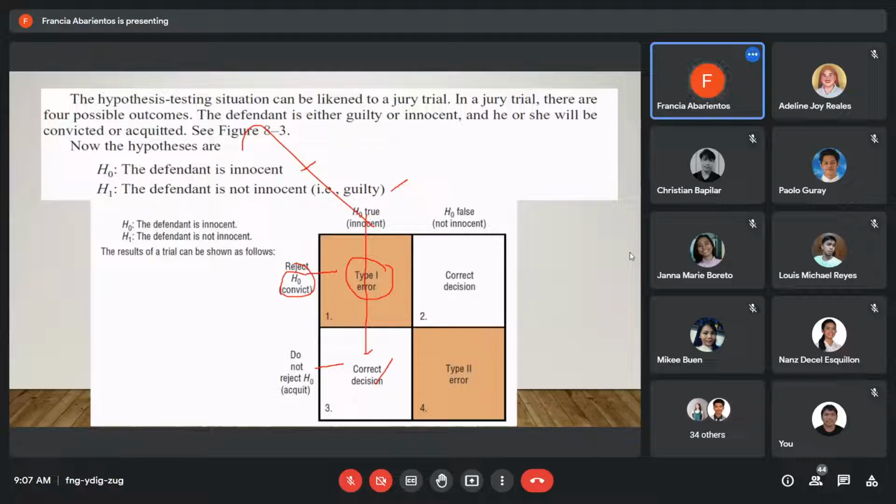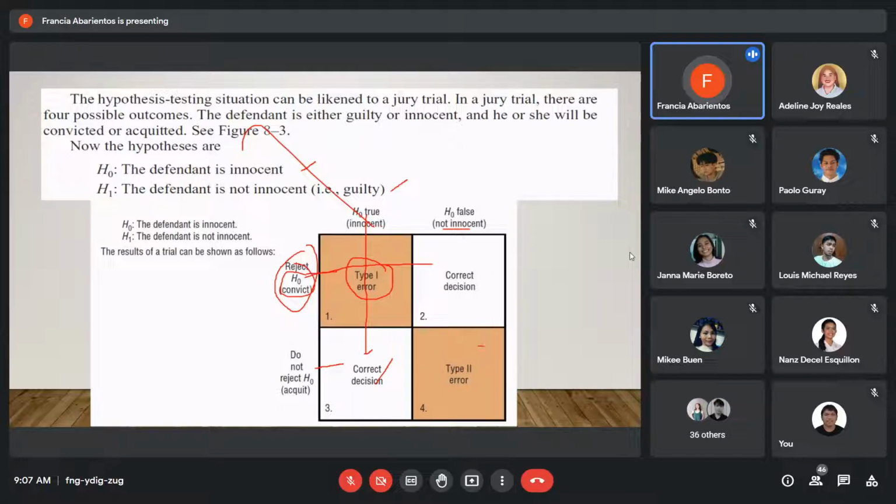Another one is, you say the null hypothesis is false, so he is not innocent. At the same time, you reject the null hypothesis that he is innocent. So that is called a correct decision, because you rejected it. It means you convicted him, not innocent.